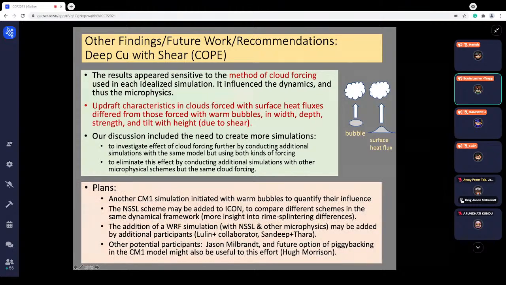It looks like I need to do another CM1 simulation and initiate it with warm bubbles instead of the surface heat flux to help quantify that influence. Axel has offered to try to add the NSSL scheme to ICON so that we can compare different schemes in the same dynamical framework and look at the rime splintering differences in a cleaner way.